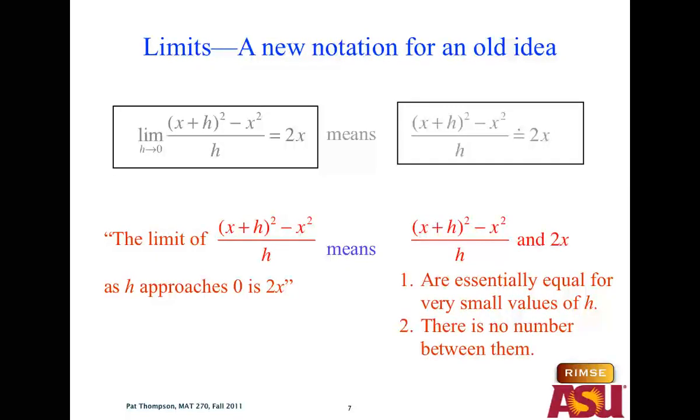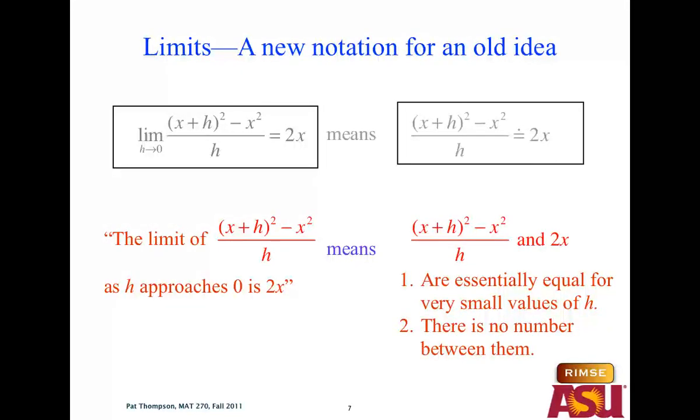There's no number between them. Or if you found a number between them, then you can make h smaller so that the number you found before is no longer between them. And you can keep doing that forever. If we keep doing that over and over again, we essentially are saying they're the same value.